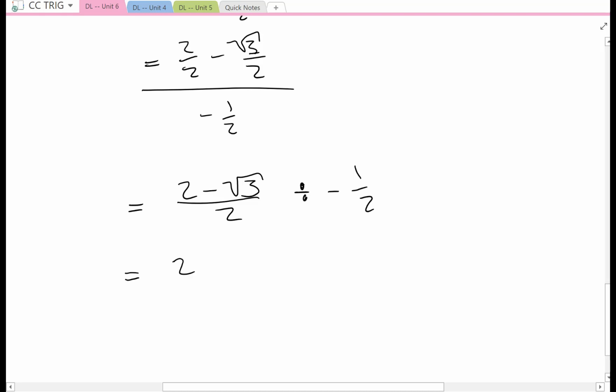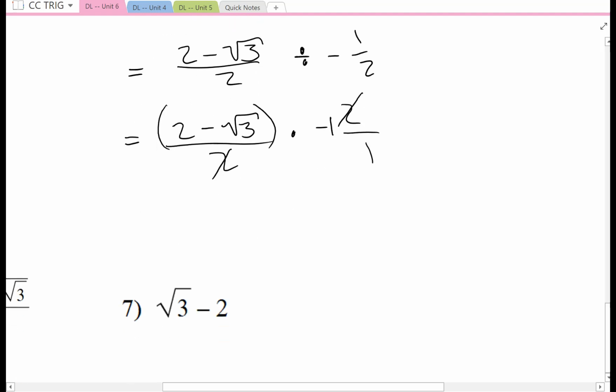So really it's multiplying by the reciprocal, negative 2 over 1. 2 over 2 is 1, so you have a negative 1 times this. Negative 1 times 2 minus root 3. Distribute the negative 1, negative 2 plus root 3.